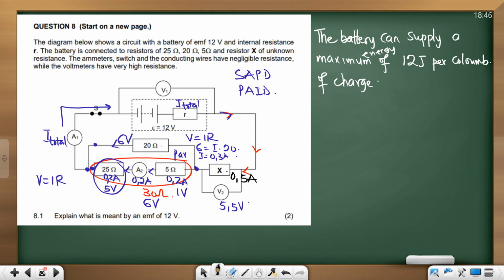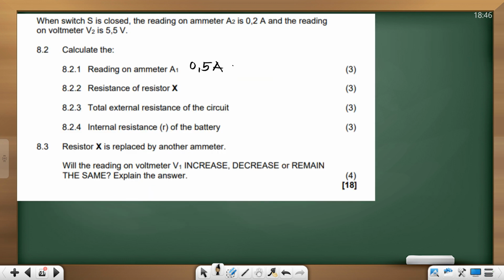You don't want your question paper to be dirty. Everything is neat. Dirty, your OCD is not going to allow you to calculate. Please. Once I have it written there, everything, I'm just picking values now. I'm not even calculating. You are the one doing it. V equals to what? IR. 5.5 equals to 0.5 multiplied by R. What's your R? 11. We're done. 11 ohms.